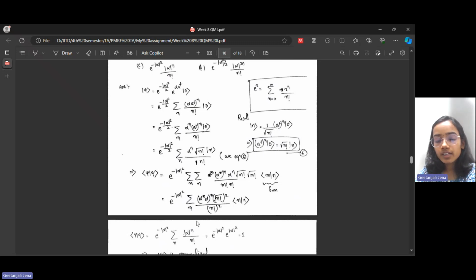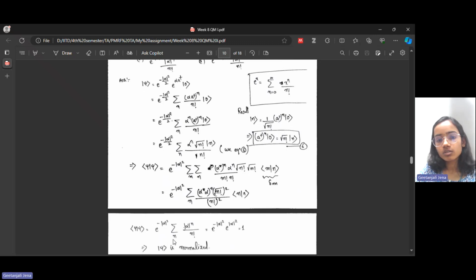Now the summation of alpha to power n by n factorial is nothing but e to power alpha square, right? So <psi|psi> will be equal to 1, and so psi will be normalized.